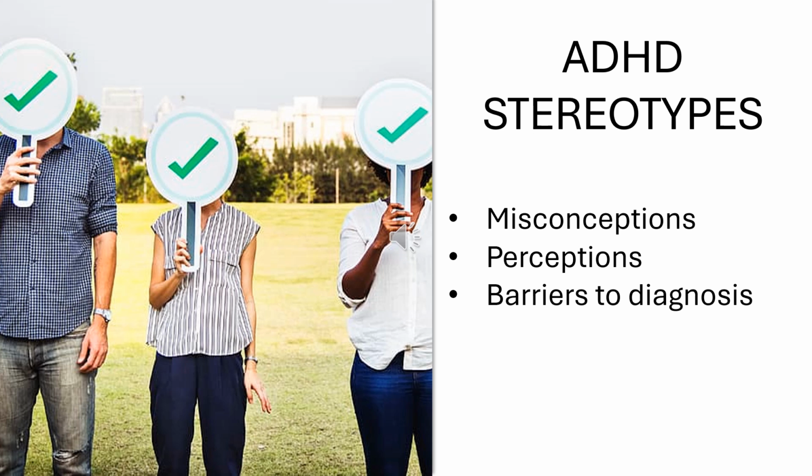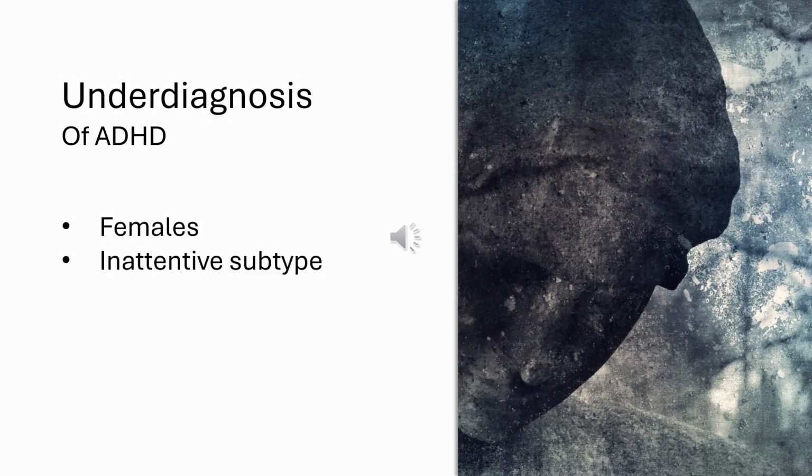However, there are two groups of people within the ADHD community that are most vulnerable to the barriers to diagnosis, and they are individuals socialized as female and those who are in the inattentive subtype. Although many would argue that ADHD is overdiagnosed in the general population, the fact of the matter is that girls and women are statistically underdiagnosed.